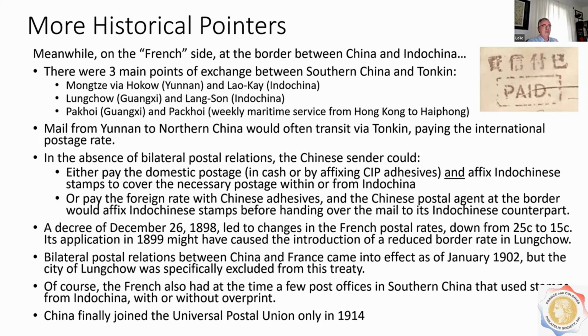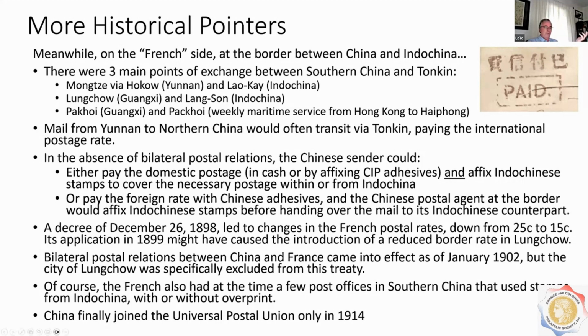And if the domestic postage was paid in cash, you would find some kind of marking like this on the letter, or you would just have the large dollar chop from the city where the mail was given, to indicate that yes, it's valid, the postage is paid to the border. And then the Indo-Chinese stamps that were affixed on those letters would be cancelled once passing through the Indo-Chinese mail system at the first border town.